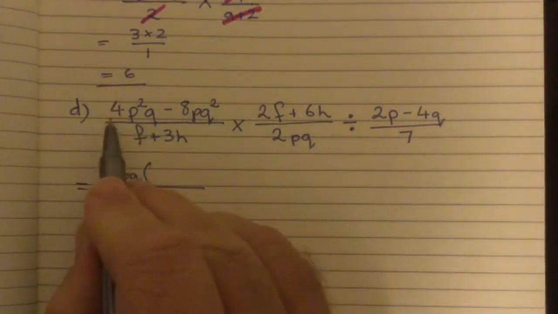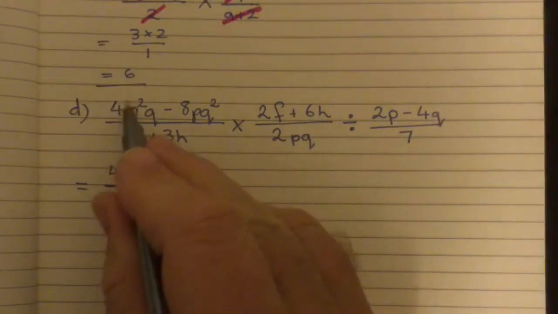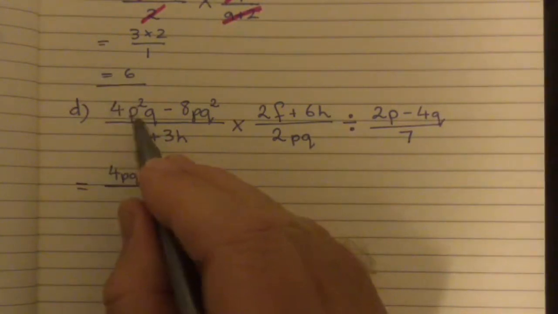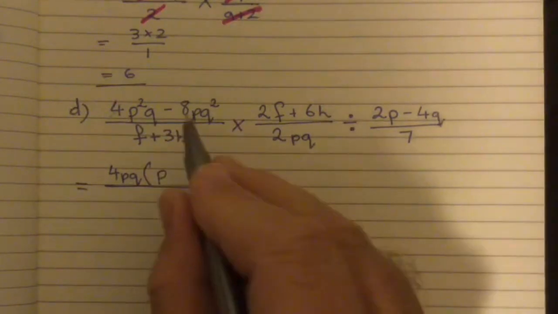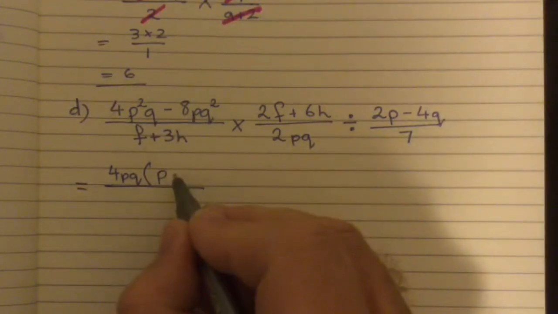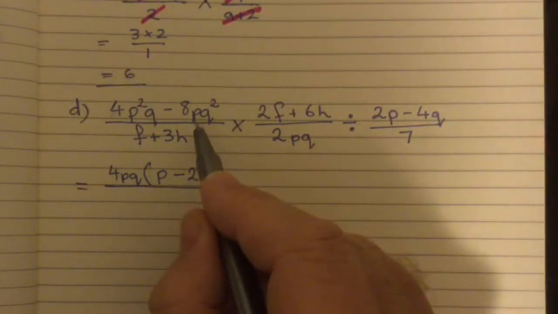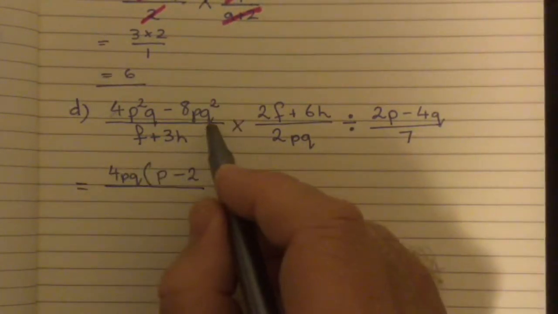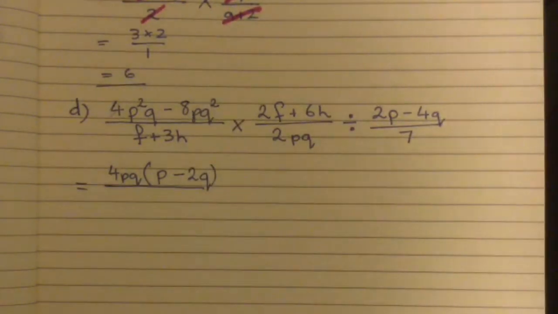If this first term is divided by 4pq, one of those is gone, and one of those is gone, so we're just left with p. And if we divide this by 4pq, the 8 becomes 2. The p comes all the way out this time, and we're left with one of these q's staying behind.